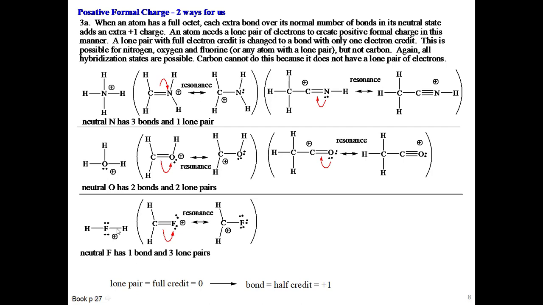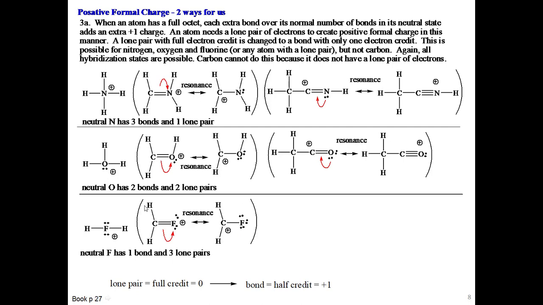Fluorine could also be plus, but normally fluorine would have 1 bond. So you see in this first structure, I've added an extra bond with an H, so I took away 1 electron credit that normally that lone pair would belong to the fluorine. That's sort of like the H3O plus up here. And fluorine could even have a double bond with a carbon. In that case, it would also have a plus. If I took these electrons back to the fluorine, it would be neutral as we expect, but then the carbon would lose that electron credit and be a plus.